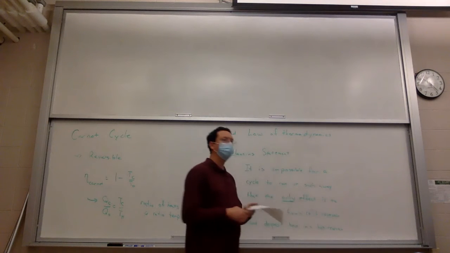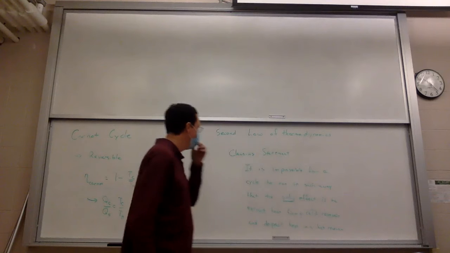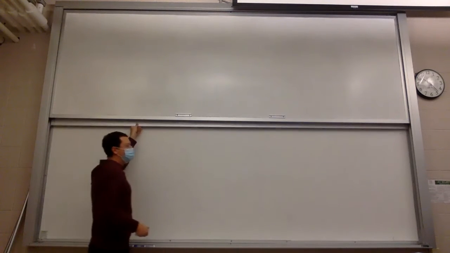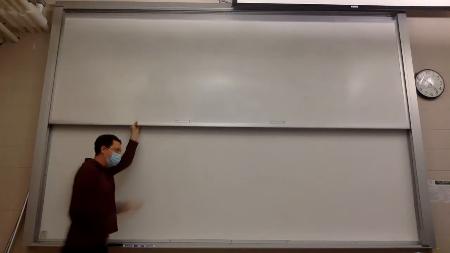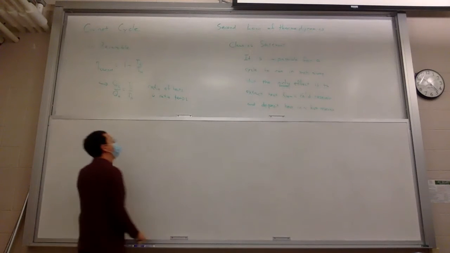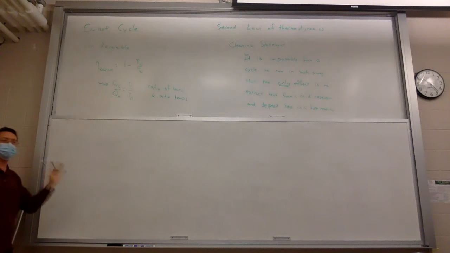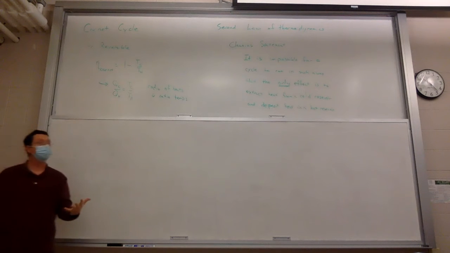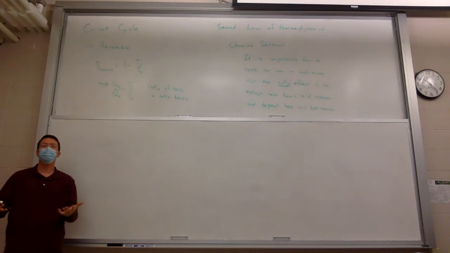What does that mean? Break that down. So let's think about a refrigerator. What does a refrigerator do? Cools objects. Okay, so you have an object that you want to cool, the food. Is that the cycle, or is that a reservoir?